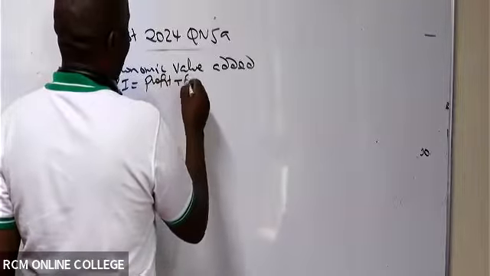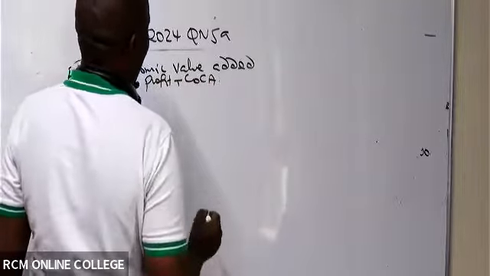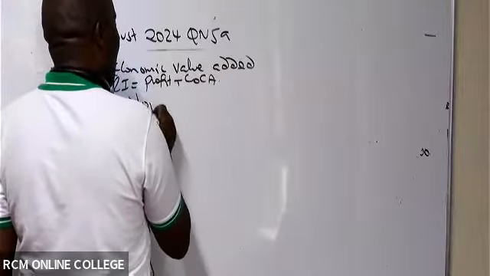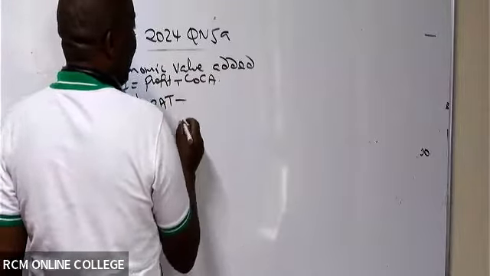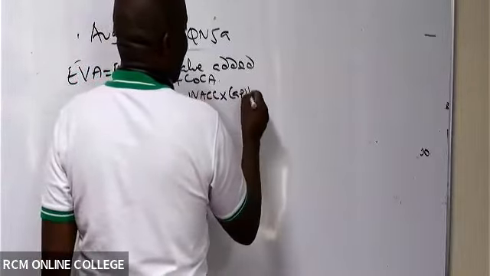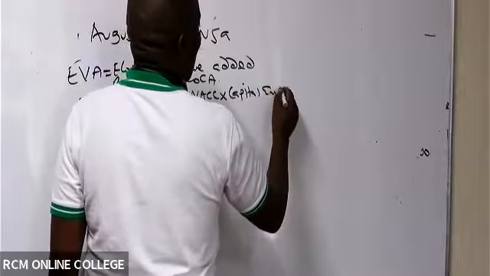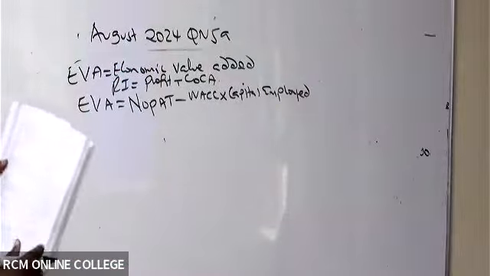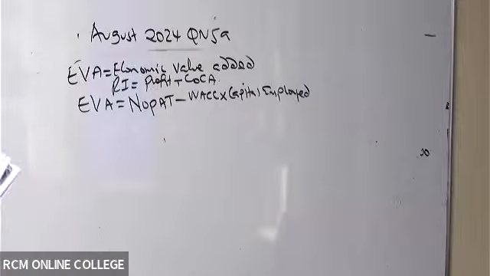Profit minus COCA. For EVA, we shall talk of NOPAT minus WACC times, in this case, capital employed. NOPAT minus WACC times capital employed.